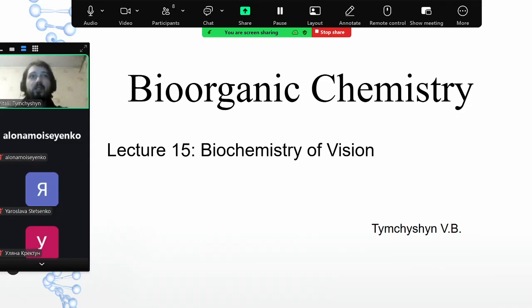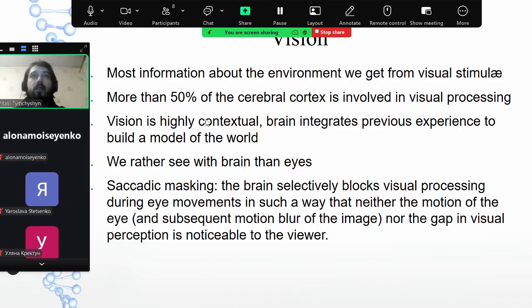As you know, I like neurobiology and neurobiochemistry, and I guess it will be a nice lecture to finish everything, to consider probably the most complicated system that we have in our brain, the system of vision. So how do we analyze whatever we see in the world around us, and how does that help us create some sort of mental model of the environment.